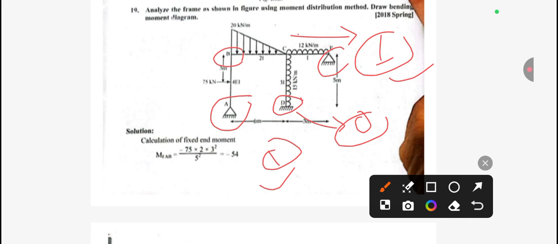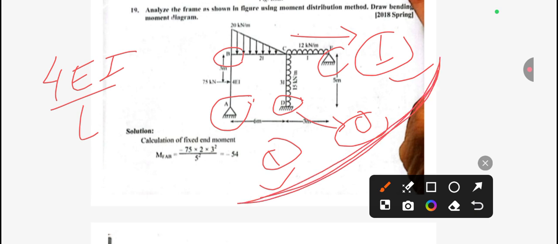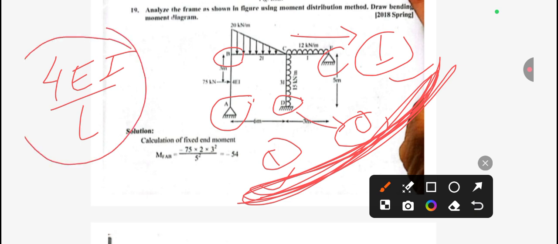Okay, and also you need to understand, we have to always apply the formula 4 EI by L for the intermediate. These all are for the intermediate support only. At the end time only we can use directly, but for the intermediate we have to always apply this 4 EI by L, whether we have fixed support or hinge support.